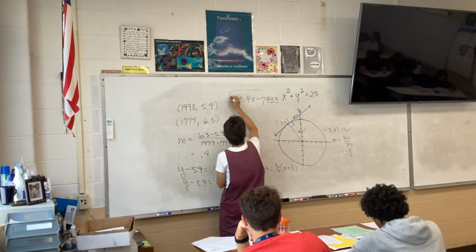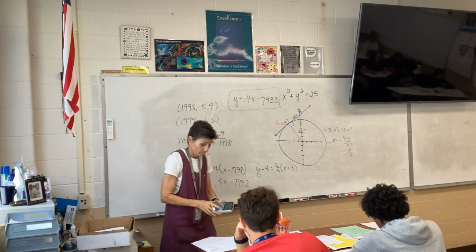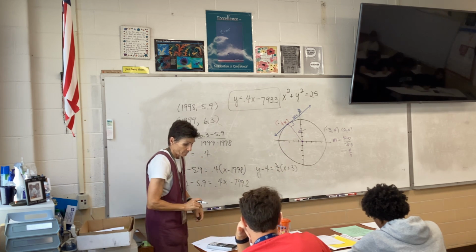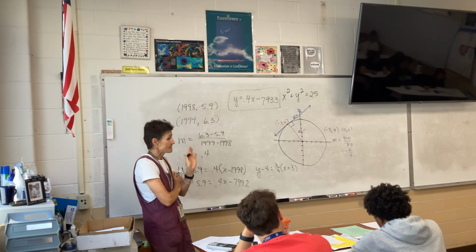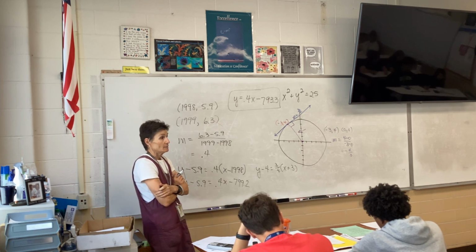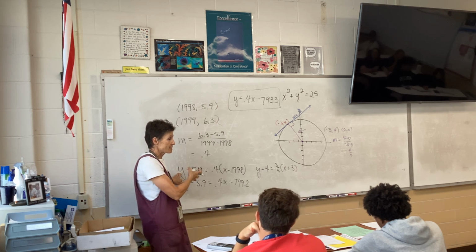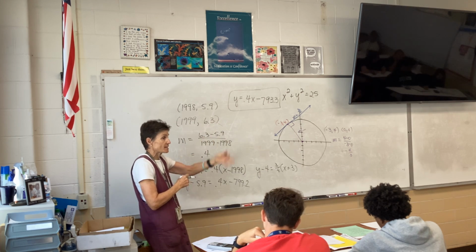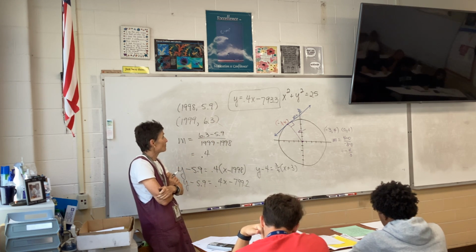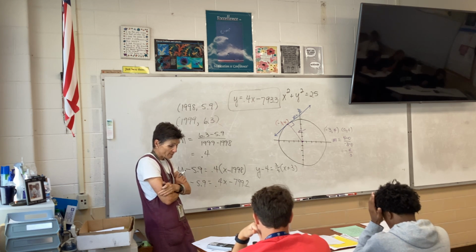Double check; this is what I got. Now that is the answer to A. The point-slope form could also be the answer. I asked you to get slope-intercept form because of the stuff that's coming in the rest of the problem. Everybody with me? All right, we're going to do the next part and then we'll have to stop.